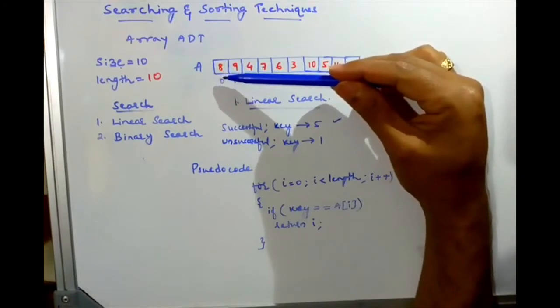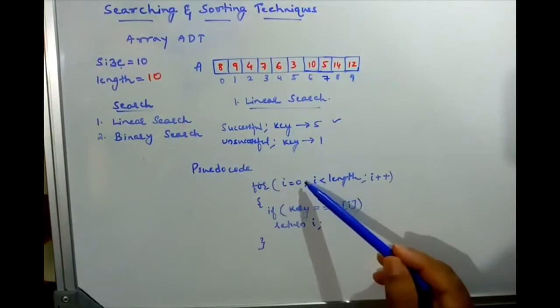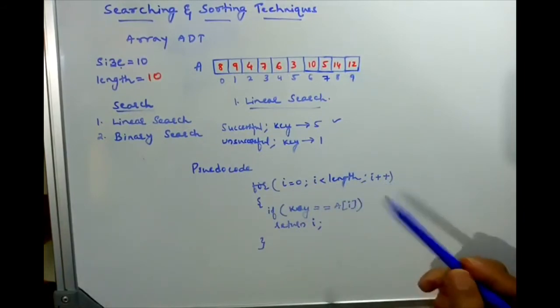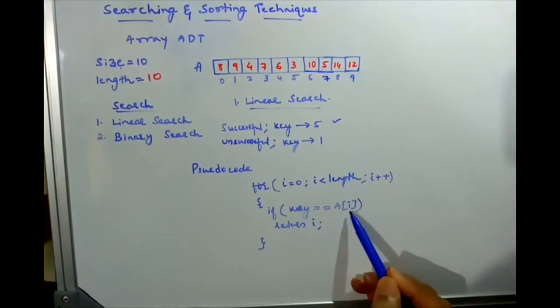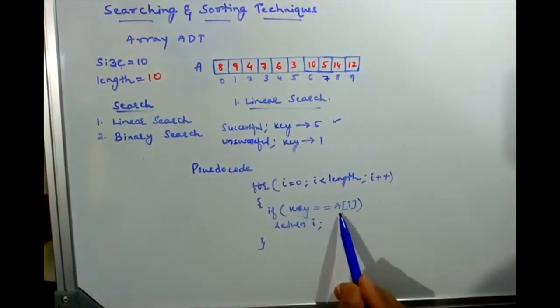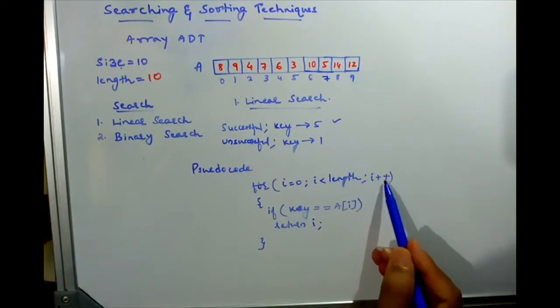No. Then it will not execute this, it will go back and increment I, that is I will become 1 now. Now 5 is equal to a of 1? A of 1 is 9. No, 5 is not equal to 9. Then it again goes back and increments.